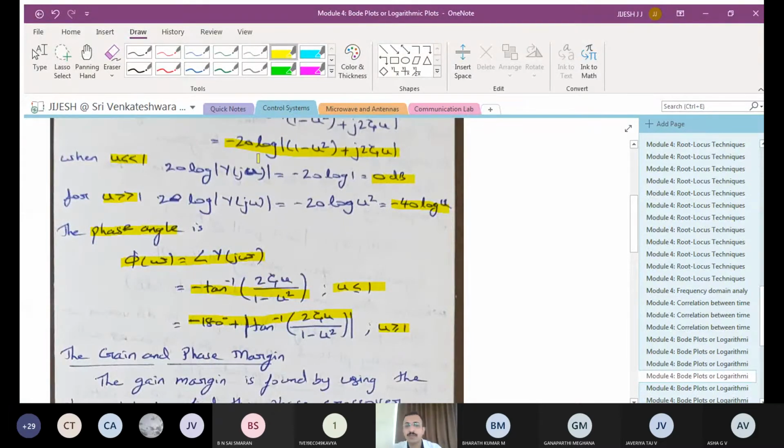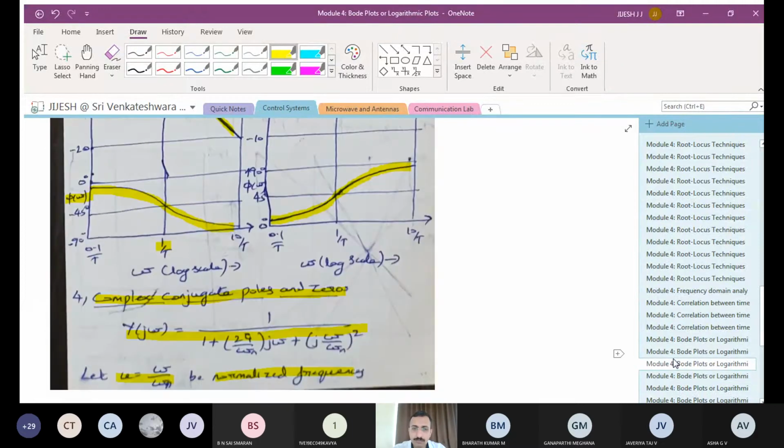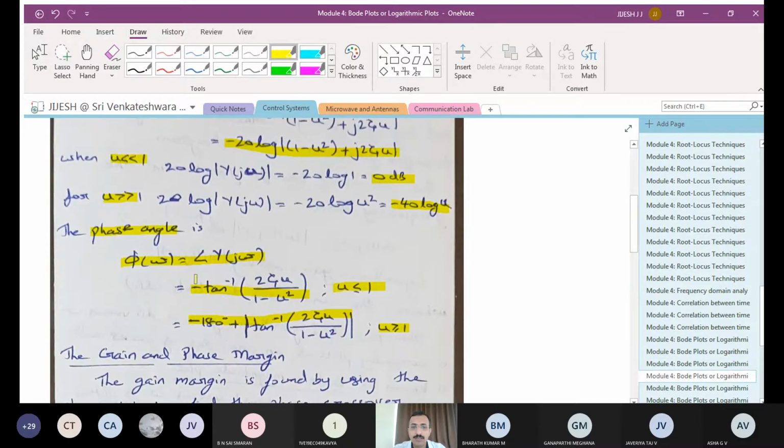So you have seen the conditions for a constant K. You have also seen when the poles and zeros are at the origin. You have also seen when the poles and zeros are on the real axis, and now we have just completed the complex conjugate poles and zeros. That is what gives you all these equations.